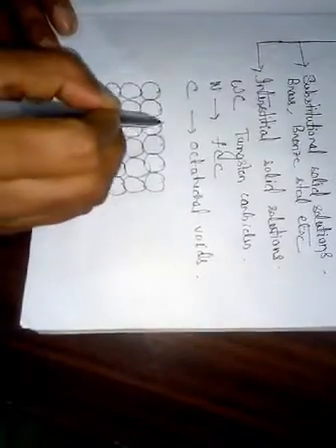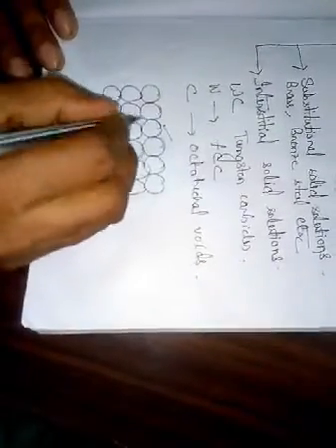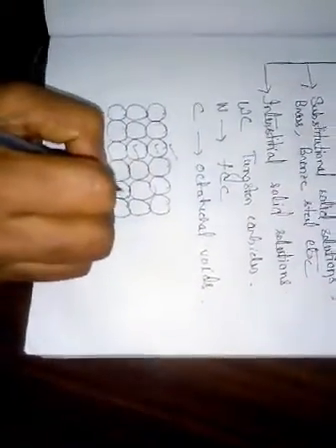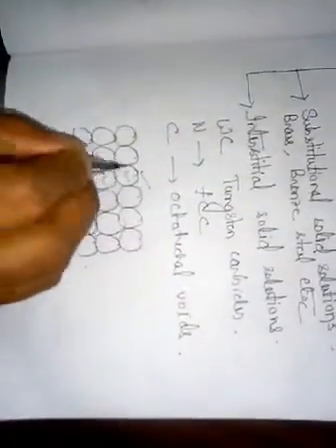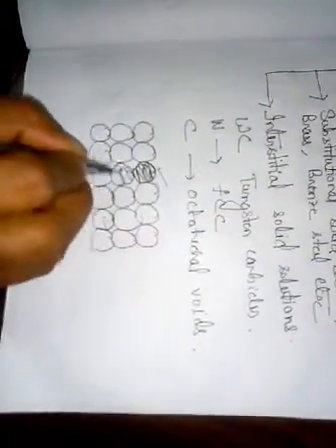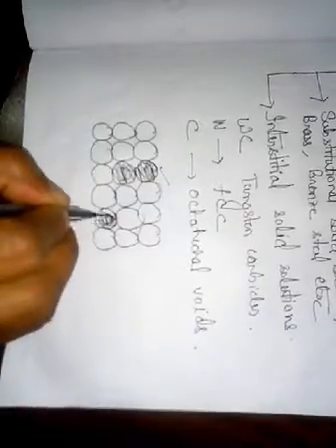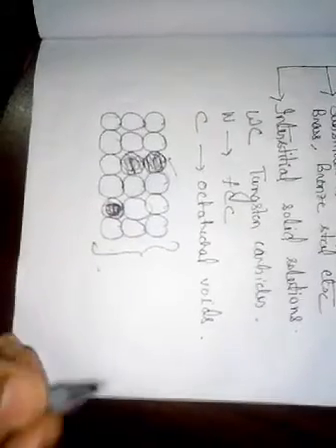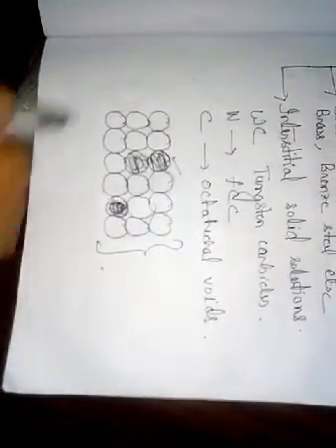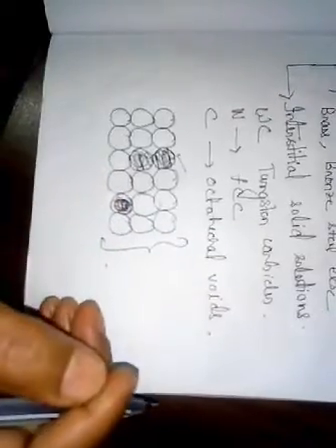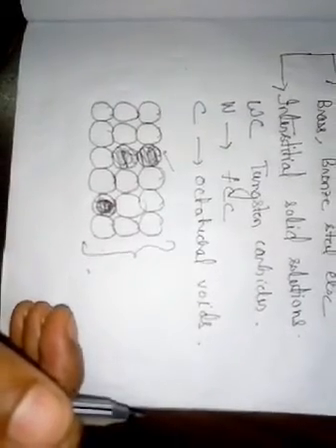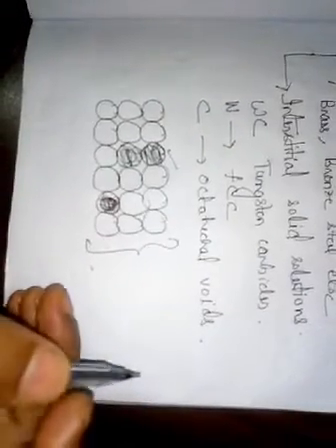Then suppose this one which I have kept the tick, these are some other foreign atoms having similar size, then this solid solution is called substitutional solid solution. The lattice sites of a given solid are replaced by constituent atoms, ions or molecules of some other solid.